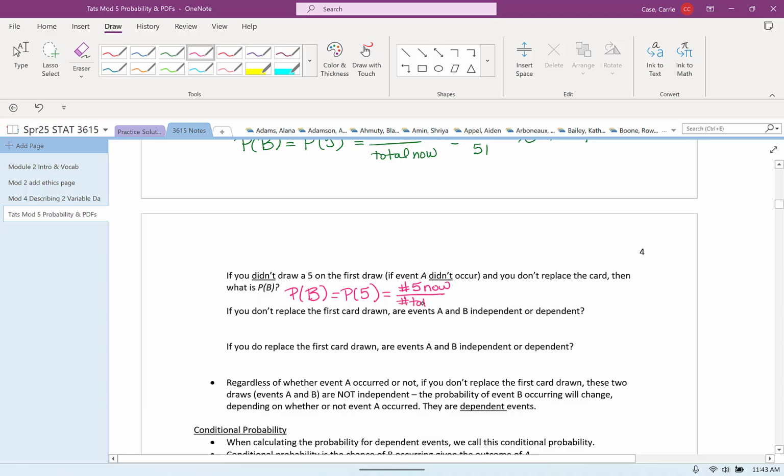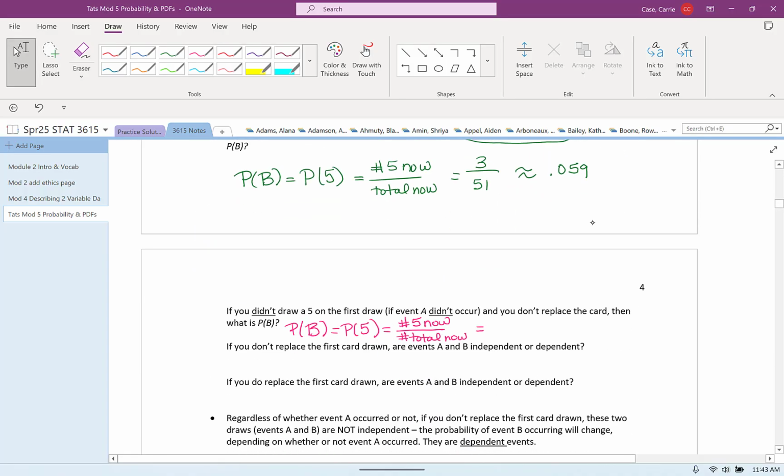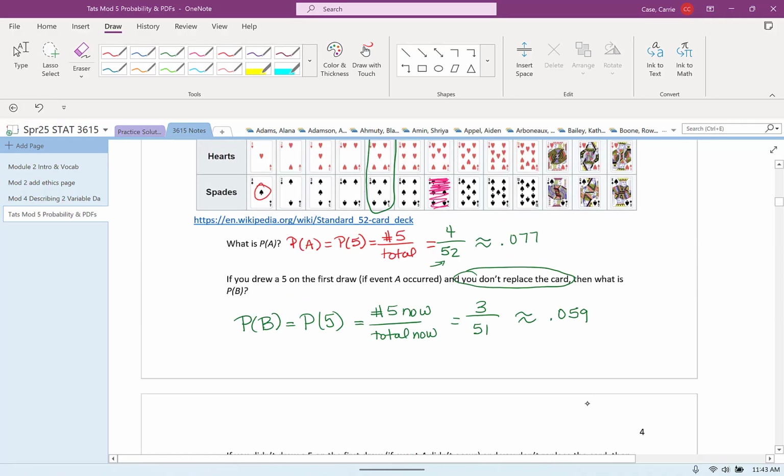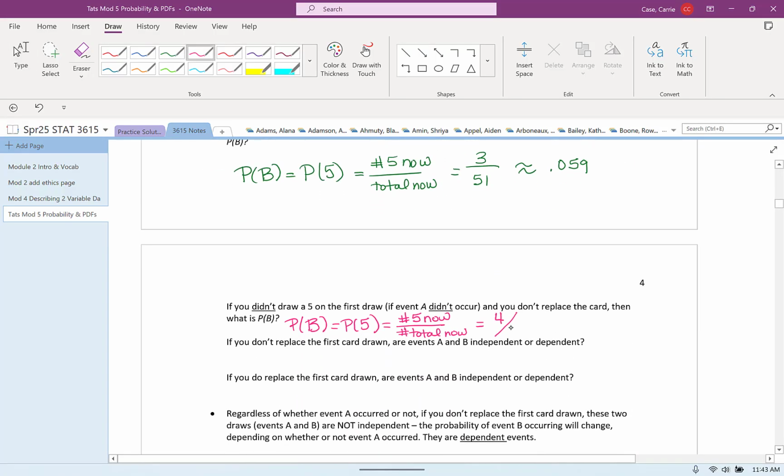Well, I still have 4 fives because I didn't get one the first time. So there are 4 of them. But I got a 7 and I didn't put it back, so there are only 51 cards. So it's 4 out of 51, which is approximately 0.078.